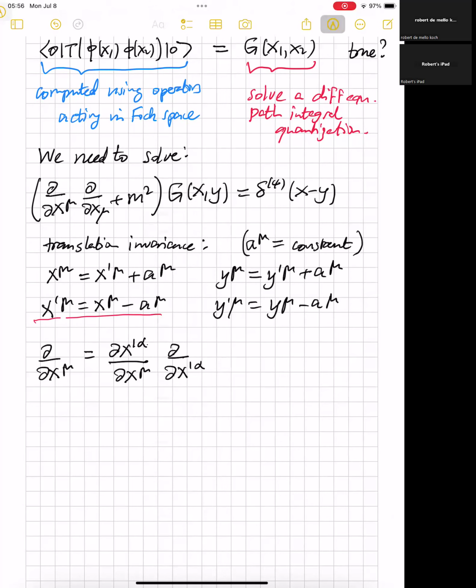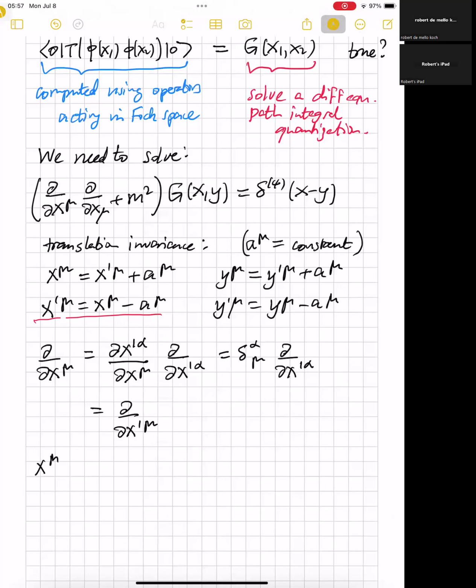So ∂x'^α/∂x^μ is simply going to give us a δ^α_μ ∂/∂x'^α, so that if we now do the sum over α, we'll get ∂/∂x'^μ. So ∂/∂x^μ simply becomes ∂/∂x'^μ under the translation that we are considering. And that's because a is a constant. This wouldn't be true if a wasn't a constant.